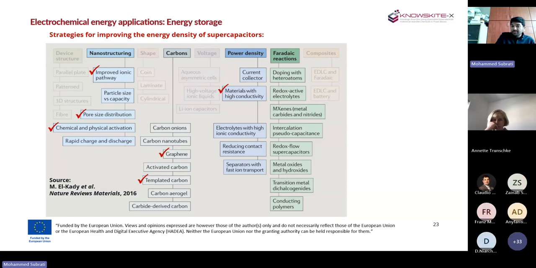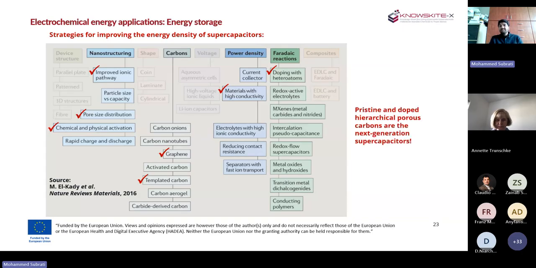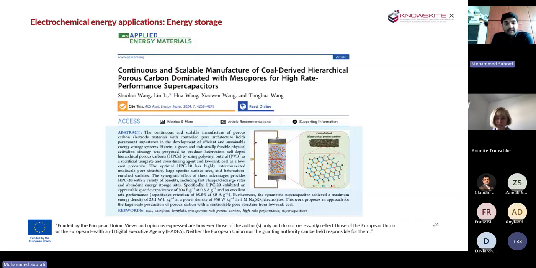From the power density point of view, of course, because it will be graphene-based, it has good high electrical conductivity, and you can improve the pseudocapacitance with doping. If this rings any bells, yes, pristine and doped hierarchical porous carbons are indeed, based upon this, the next generation supercapacitors.